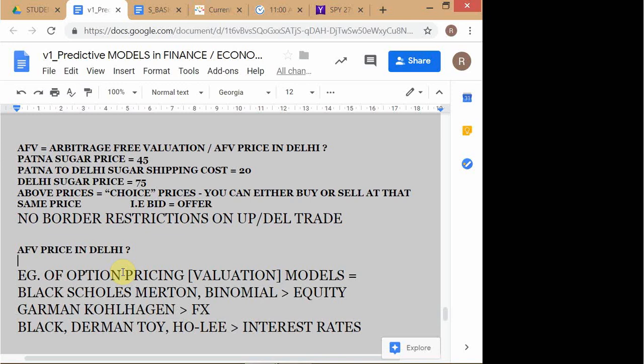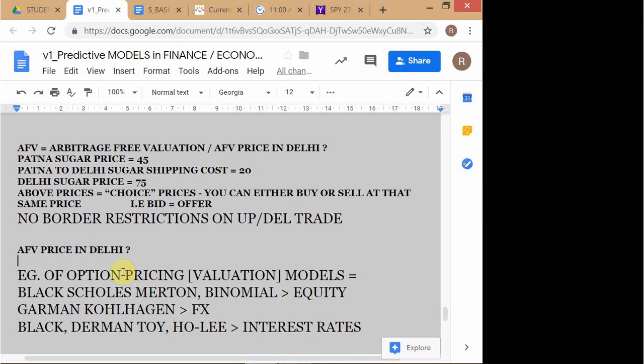Now where will you get the sugar? Sir, from Patna. Okay, so that means you have to buy in Patna. You have already contracted with the Patna dealer to buy. Then you have to arrange the shipping from Patna. Let's say shipping is instantaneous; assume we have a Hyperloop between Delhi and Patna, so you can get very quick shipping.